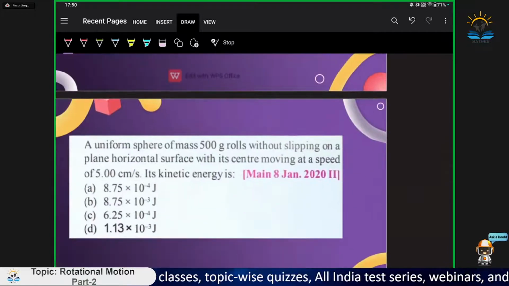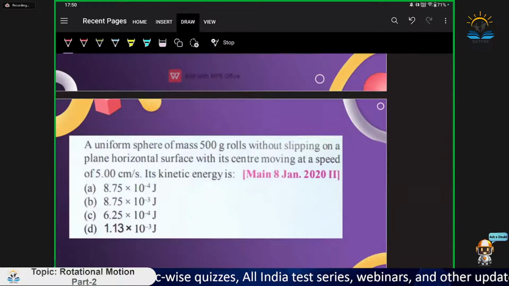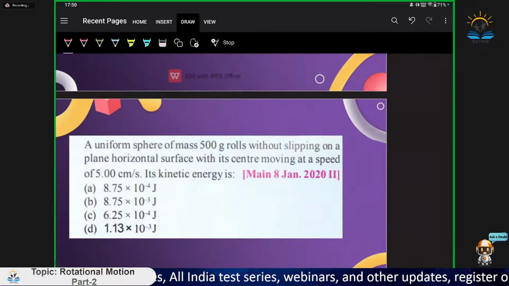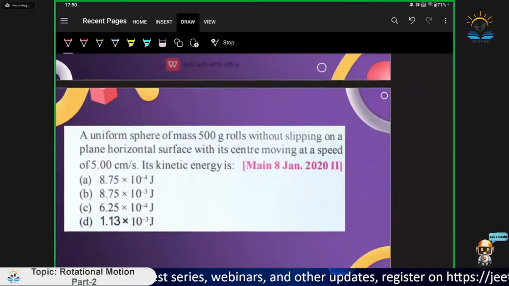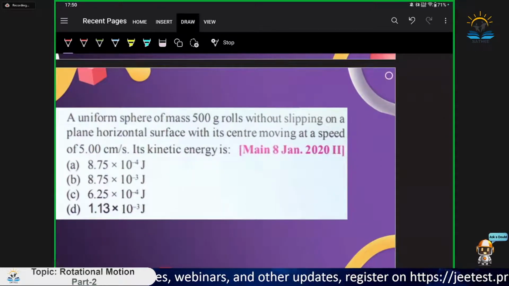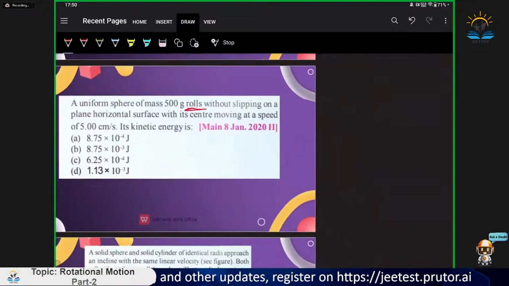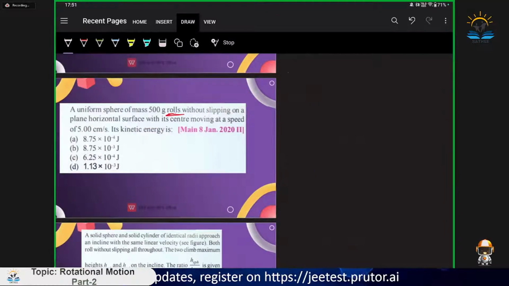We have a question: a uniform sphere of mass 500 gram rolls without slipping on a plane horizontal surface with its center moving at a speed of 5 centimeters per second. Its kinetic energy is? So it's rolling.